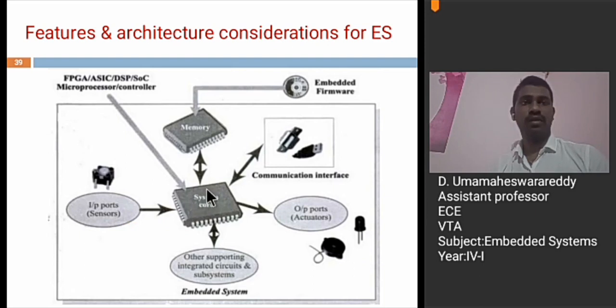With the help of the firmware or instructions which are stored in the memory, it processes that input information with the help of the support peripherals and generates the corresponding outputs with the help of the actuators. And for communication, it uses communication interfaces. In this way, the input information is processed and the corresponding output is given to the actuators.